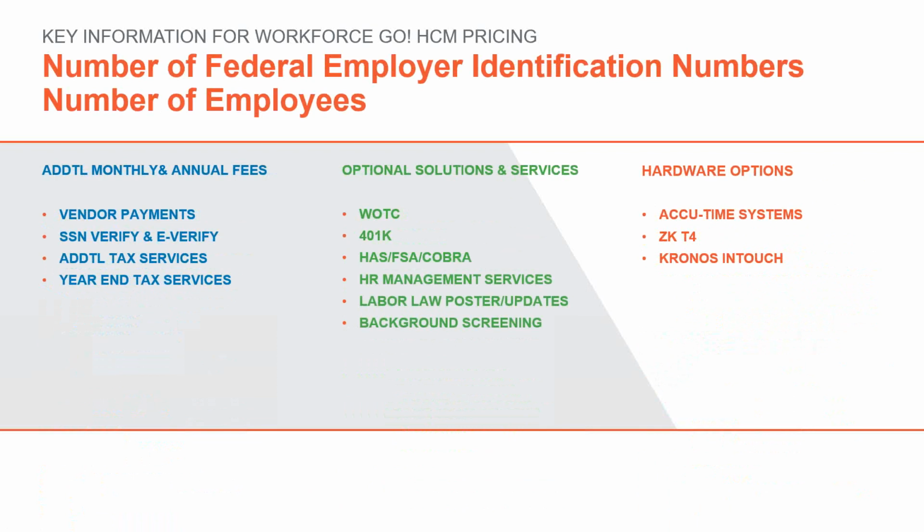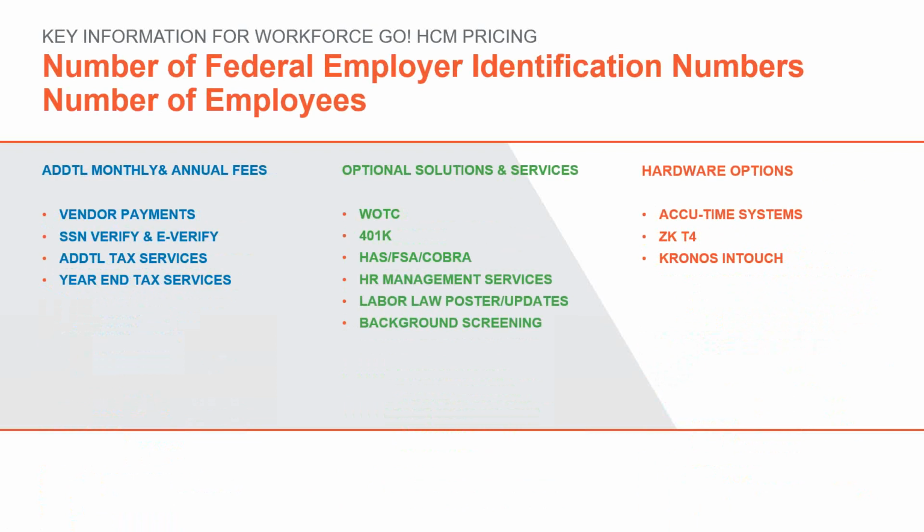And what I do not want to get lost, before we get into the actual pricing information and an overview of the pricing structures and order forms, is that we have additional items that always need to be kept top of mind. Around payroll and other services that we offer, we have what we call additional monthly and additional annual fees.